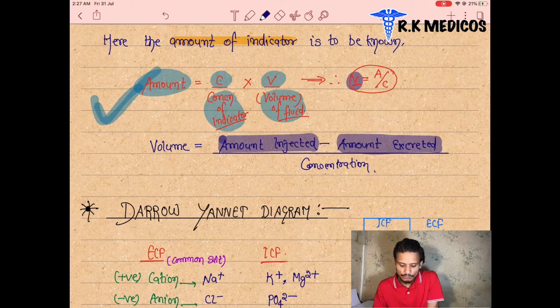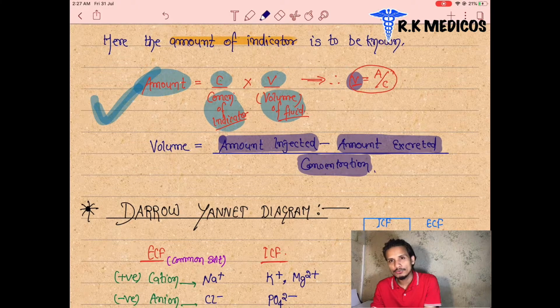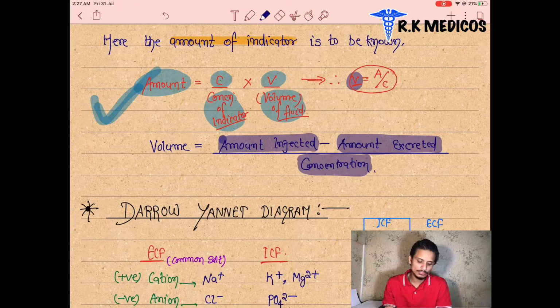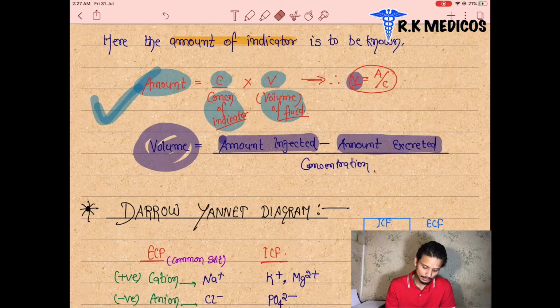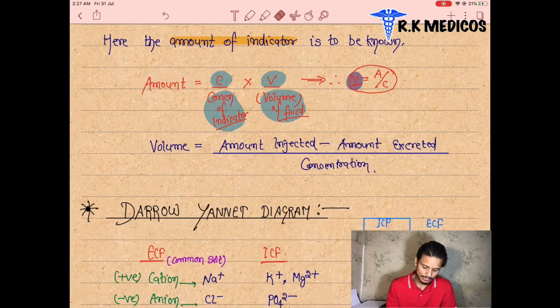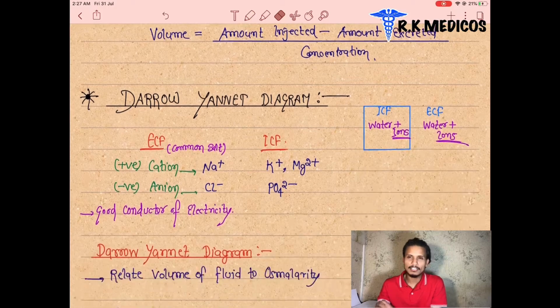This is divided by the concentration of the indicator used, and we calculate the value of the volume. So this is the formula. All values are given there. When it comes in numerical form, you can just put them in and get your answer. It's very easy.